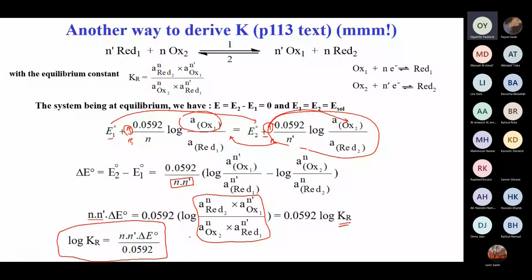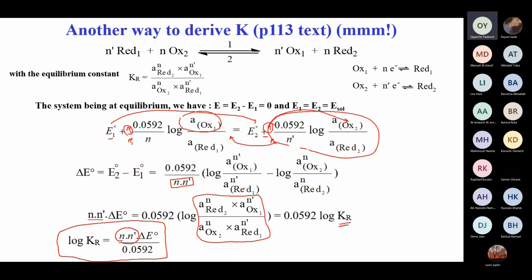We derived it from the theories of thermodynamics and what we know about delta G, and we also got the same equation. Okay, that being said, you already know how to use this to get the K. This n1 times n prime is the total number of electrons transferred.